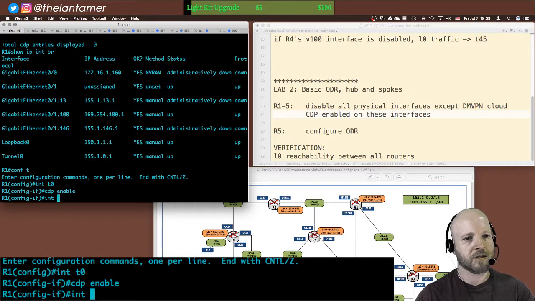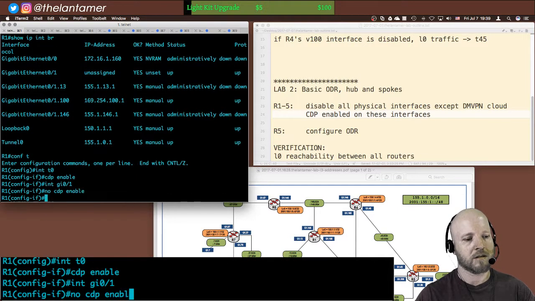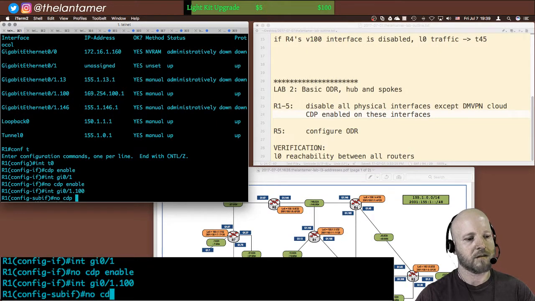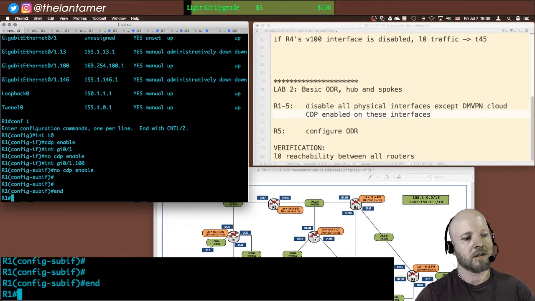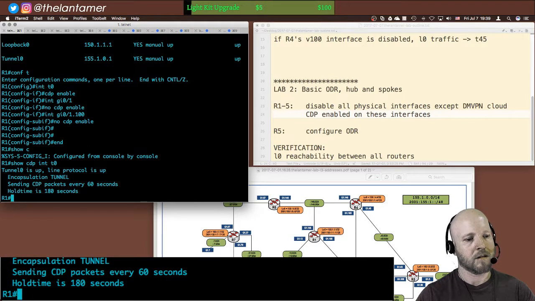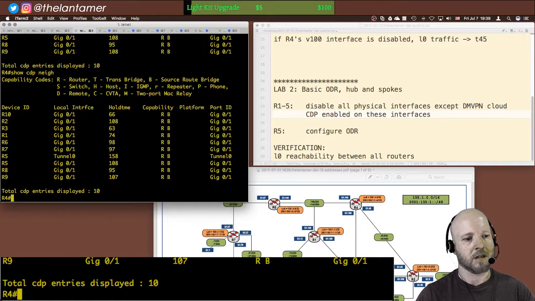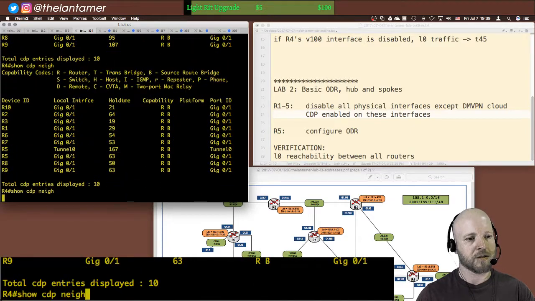Okay, interface GI 0/1. Interface GI 0/1/100. Okay, it's up on tunnel 0. Not enabled. Okay, so nice. We can do it on the virtual interface.